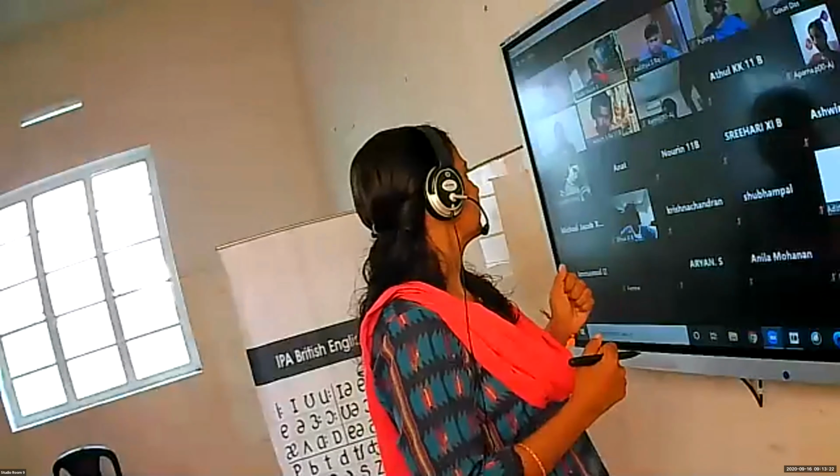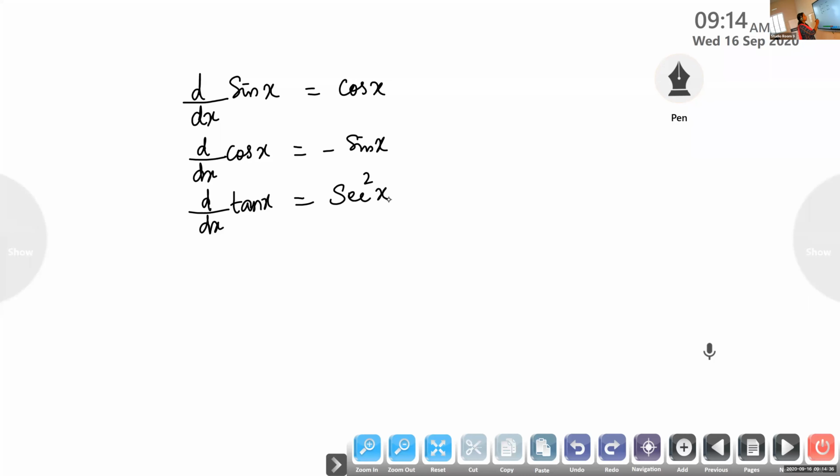Derivative of cosec x is minus cosec x cot x.